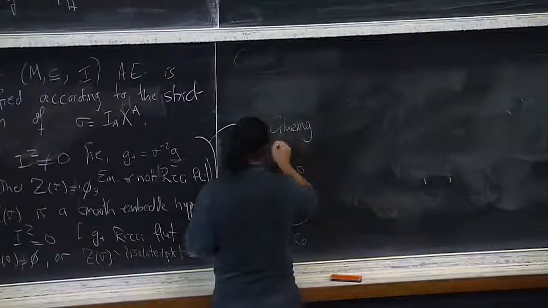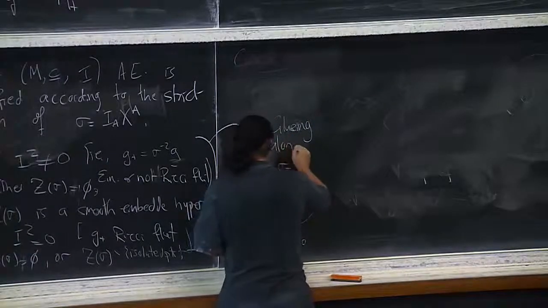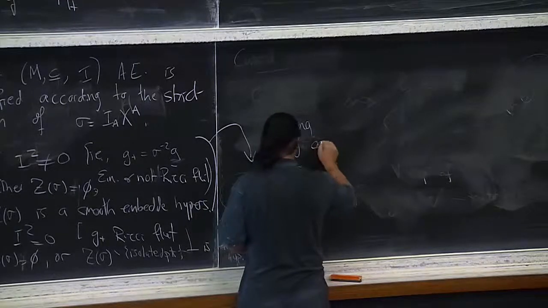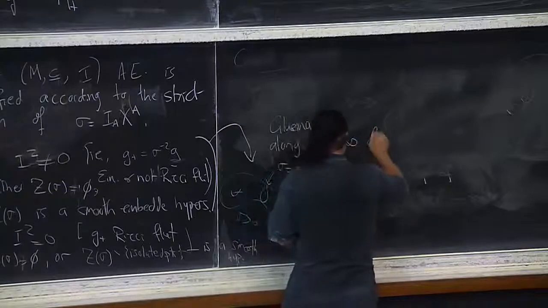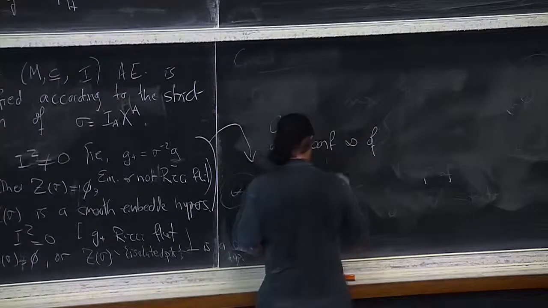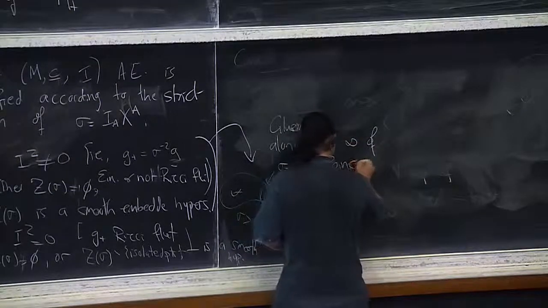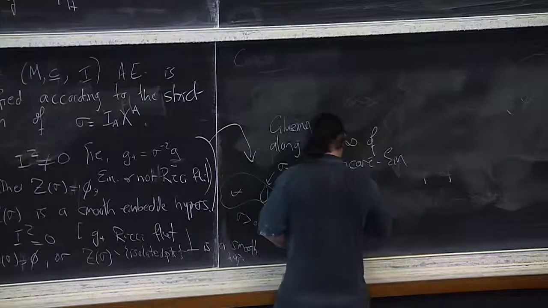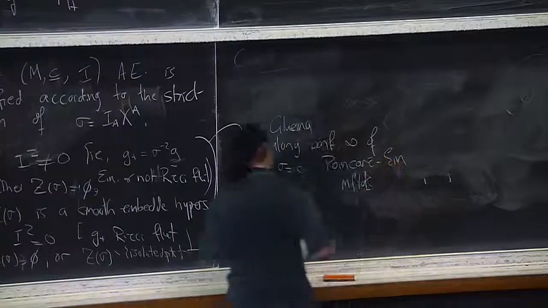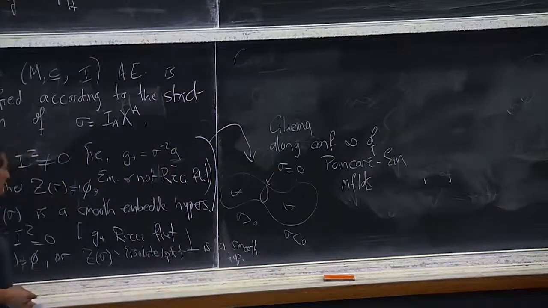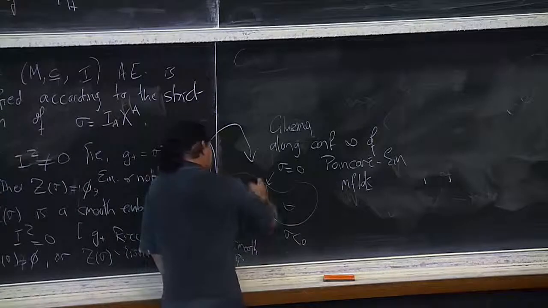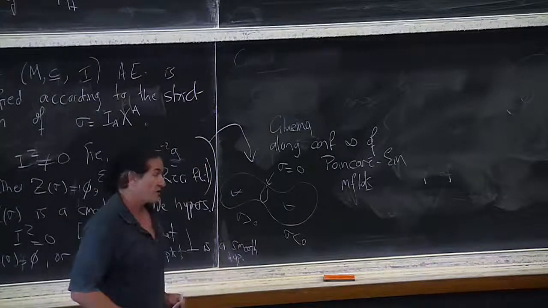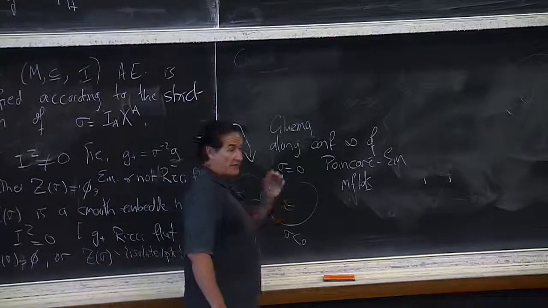Probably not like that, but anyway, so it's a gluing along the conformal infinity of Poincare Einsteins, let's say. By Poincare Einstein, I don't necessarily mean negative curvature, but basically, this is a gluing along the conformal infinity of conformally compact metrics, which are Einstein in the bulk.